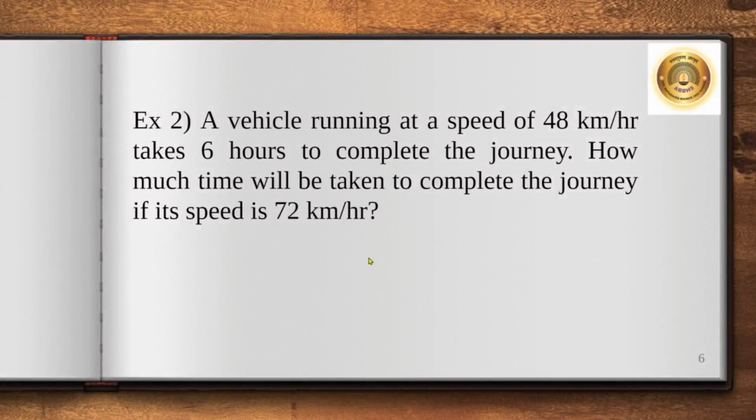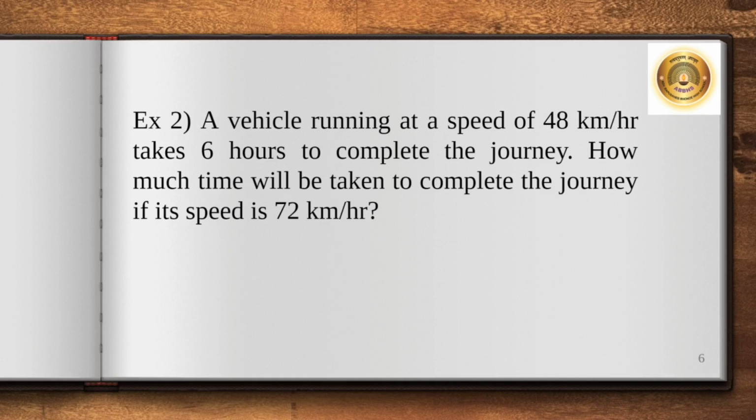A vehicle running at a speed of 48 kilometers per hour takes 6 hours to complete the journey. How much time will be taken to complete the journey if the speed is 72 kilometers per hour? So here, the speed of the vehicle has increased from 48 to 72 kilometers per hour. That means you will take more time or less time to reach the destination?